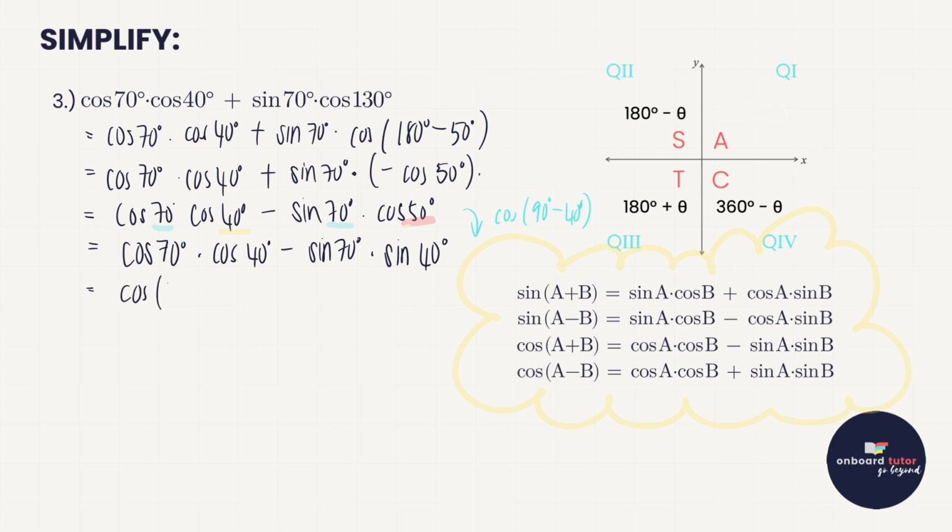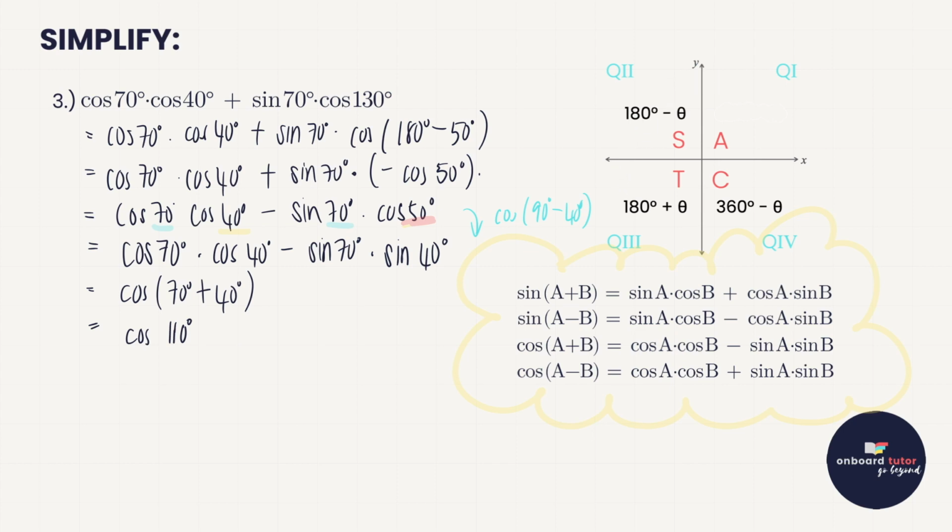Cos 70 plus 40. Right, and we can then rewrite that. Those are like terms. So 70 plus 40 is 110 degrees. And then that is a big angle. So we're going to go back to our cast rule. And we're going to say, right, where is 110 degrees? It sits somewhere here between 90 and 180.